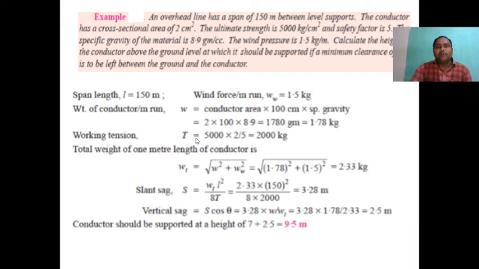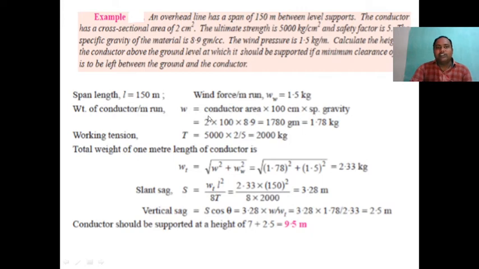How can we get the tension T? Tension T is nothing but the ultimate tensile strength divided by the factor of safety. The ultimate tensile strength is 500 kg, the cross-section area is 2, so 500 into 2 by factor of safety 5, so we get 2000 kg.